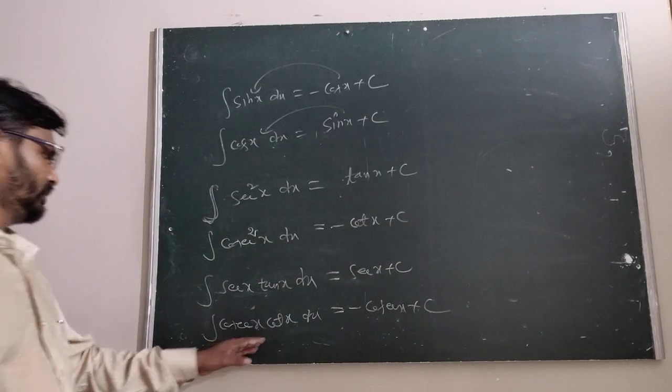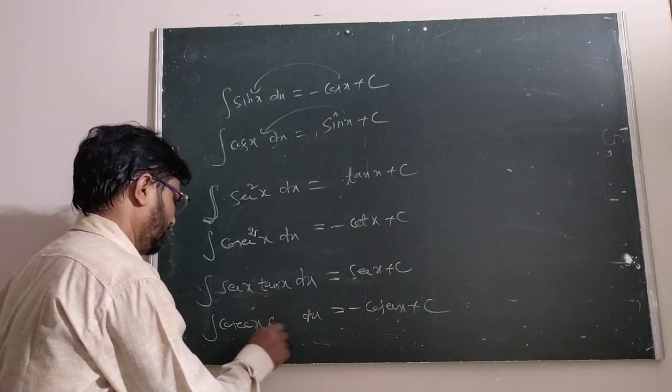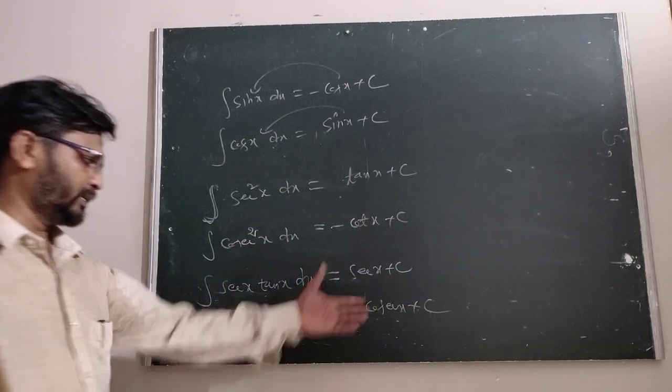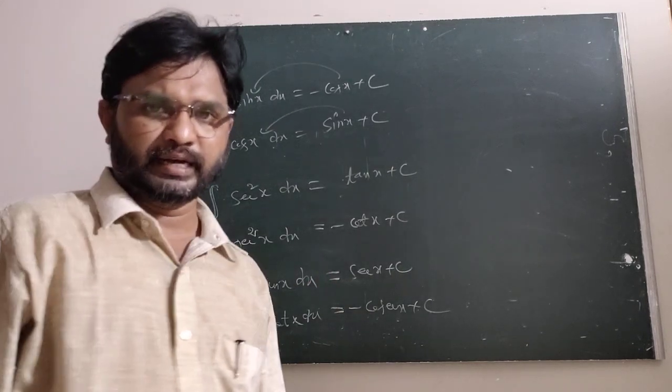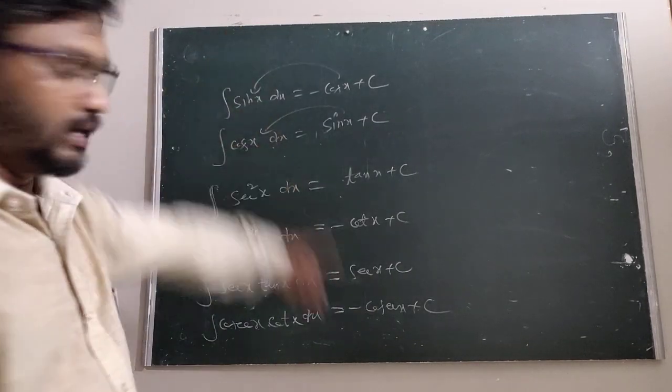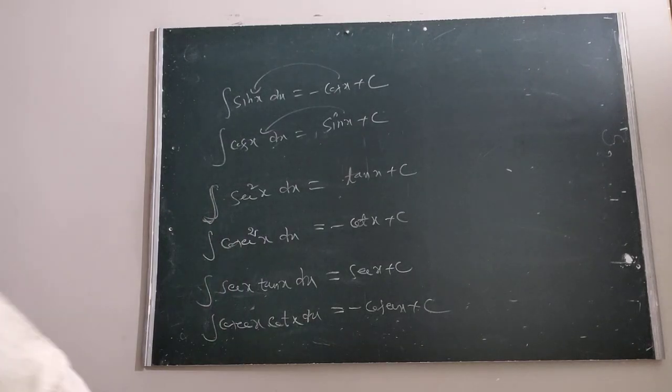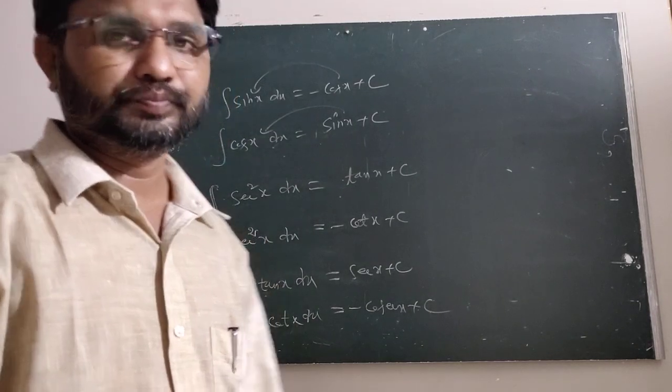The integral of cosecant x cot x dx is minus cosecant x plus c. These are the integrals of the trigonometric functions.